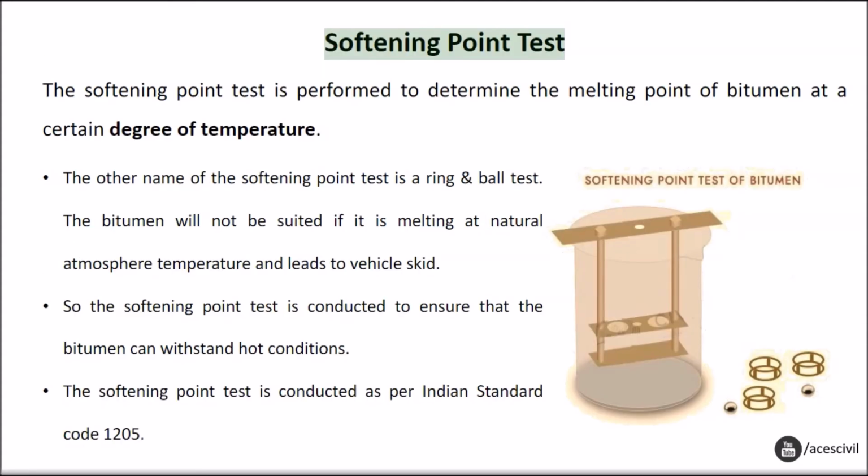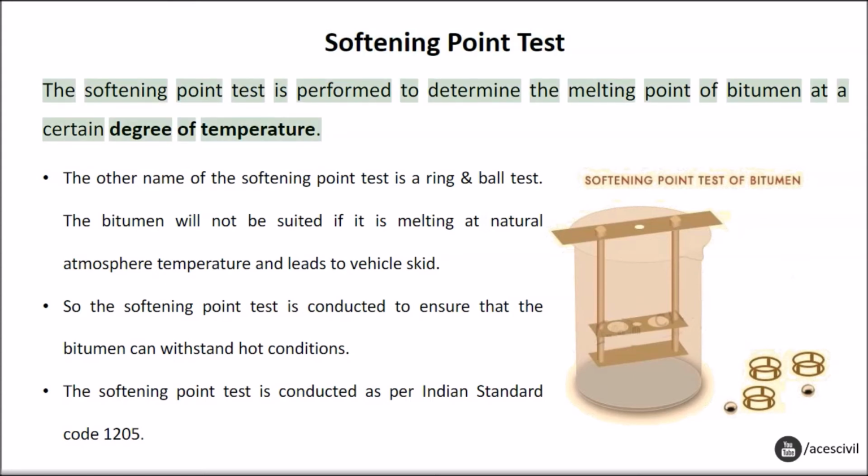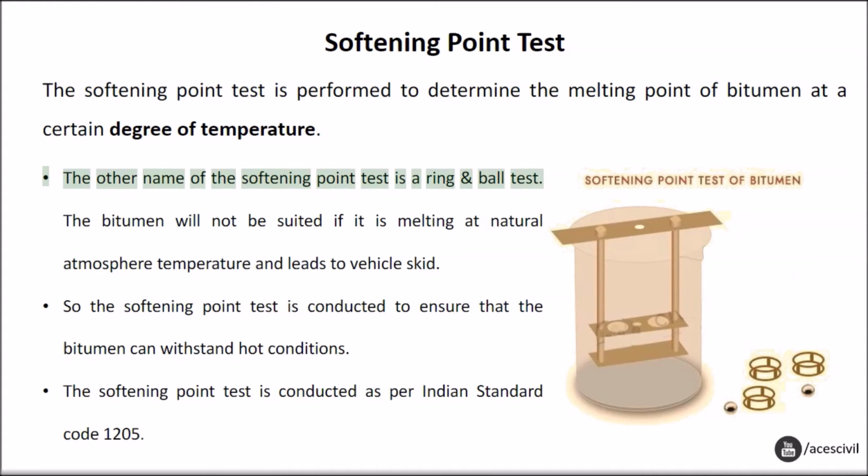Softening point test. The softening point test is performed to determine the melting point of bitumen at a certain degree of temperature. The other name of the softening point test is the ring and ball test.